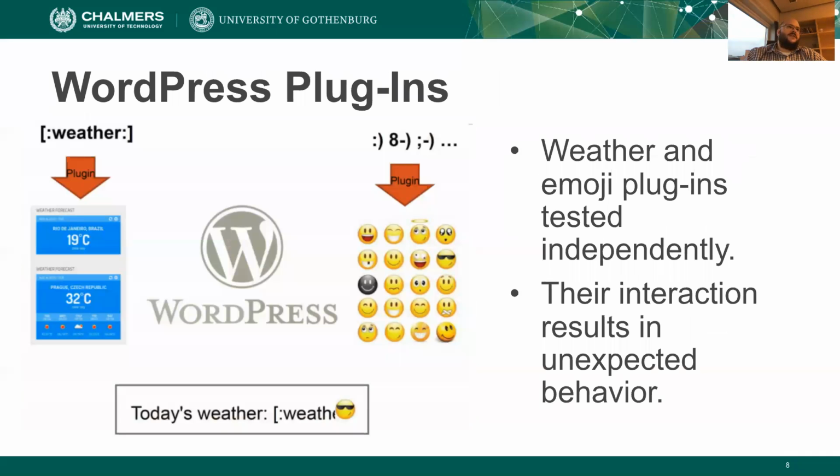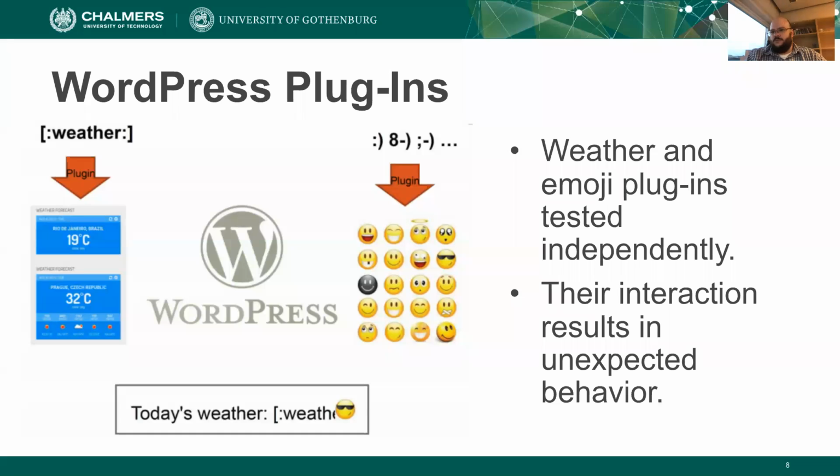Or consider this real scenario that happens with WordPress plugins. In the WordPress blogging system, you can install different plugins that add additional functionality. We have a plugin in place that turns symbols into emojis automatically.